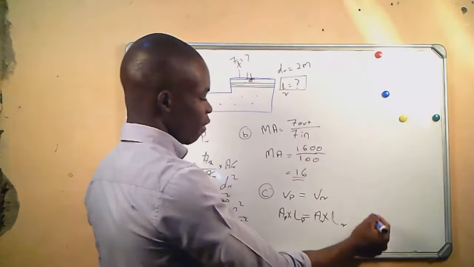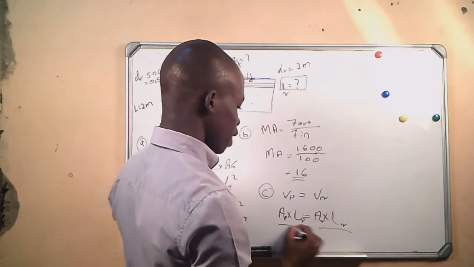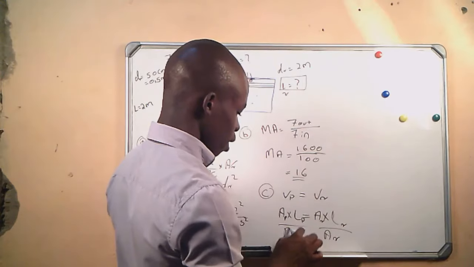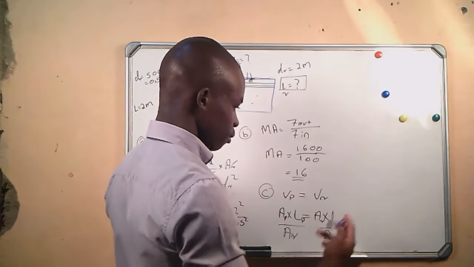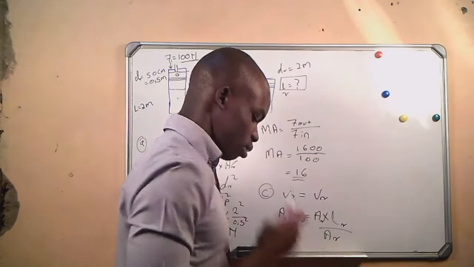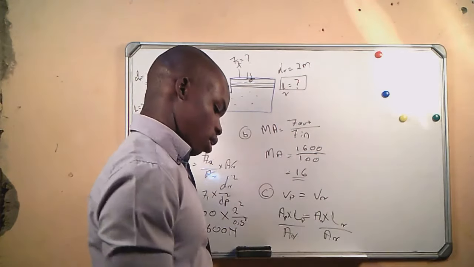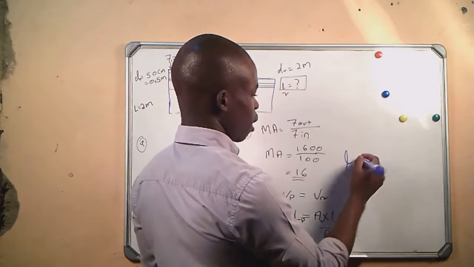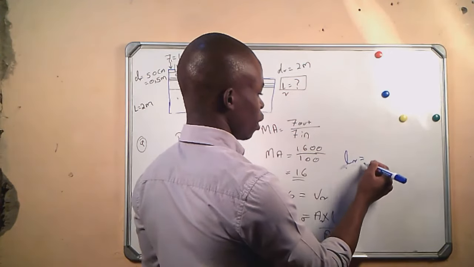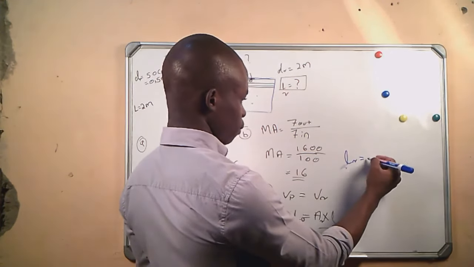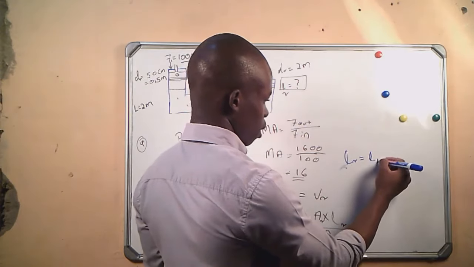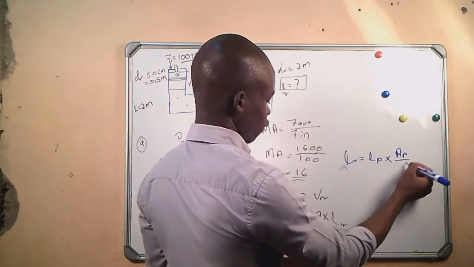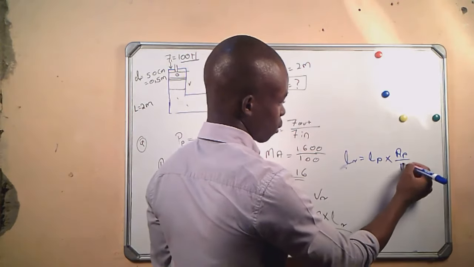Therefore, we are going to divide both sides by AR, and we will get a formula that says the stroke length of the ram is equal to the stroke length of the plunger times AP divided by AR.